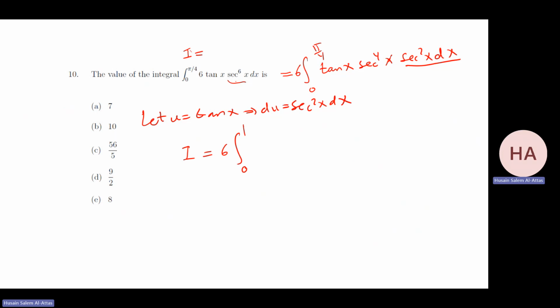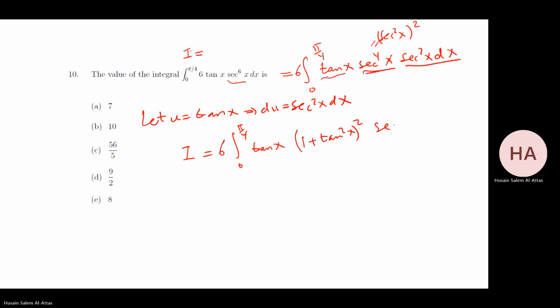Tan 0 is 0, tan pi over 4 is 1. Before that, I have 6, 0 to pi over 4, tan x. I need to change this into tan. That will be what? 1 plus tan square. Let me do it here. That will be secant square all square. And secant square is 1 plus tan square x, all square, secant square x dx.